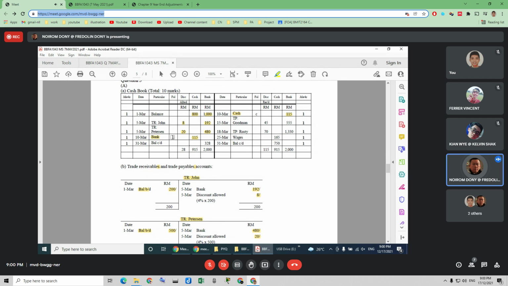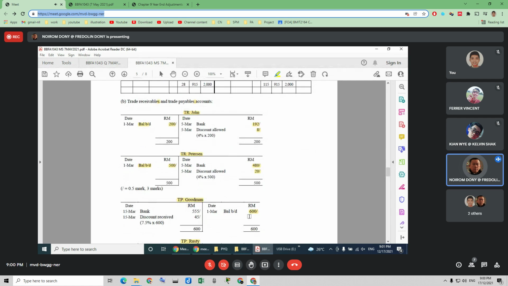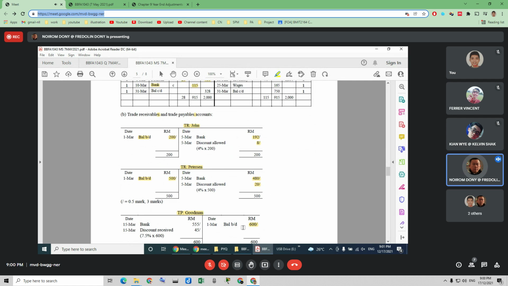Okay, on the 15th, the amount owing to Goodman was paid by check less 7.5% cash discount. The amount owing to Goodman is 600. So the 600 is the invoice amount, and we need to find the check amount. The check amount would be after you deduct the 7.5% cash discount.